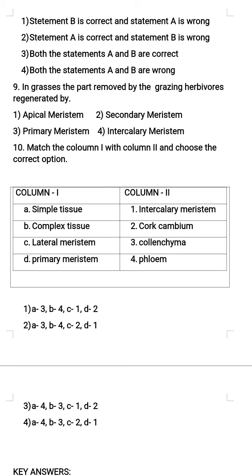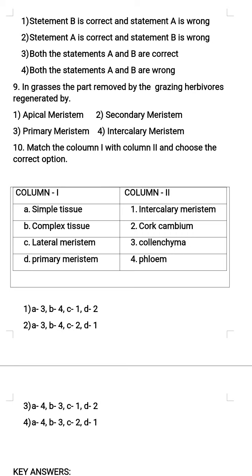Third option, primary meristem. And fourth option, intercalary meristem. Now students, let me explain this question in detail. And before that, let me say the correct option for this question. The correct option for this question is option 4, intercalary meristem.